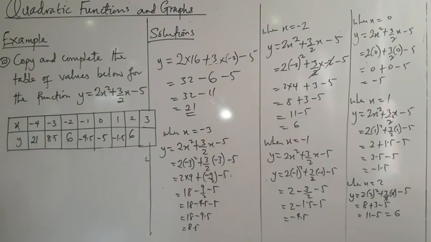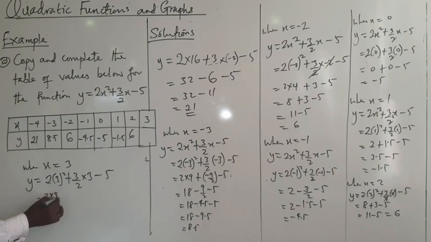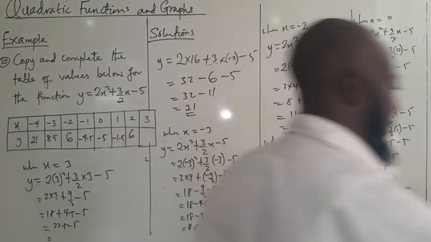When x is equal to 3, y equals 2 into 3 squared plus 3 over 2 multiplied by 3, minus 5. So this will give us 2 times 9 plus 3 times 3, that's 9 over 2, minus 5. This will give us 18 plus 4.5 minus 5. So this gives us 22.5 minus 5, and this will give us 20.5.